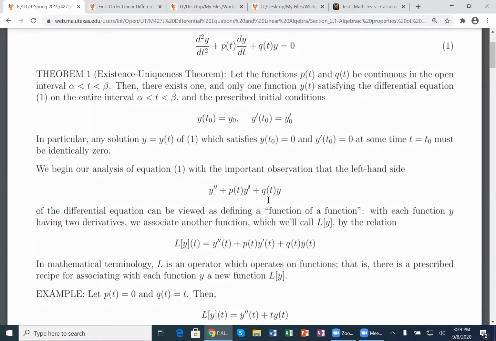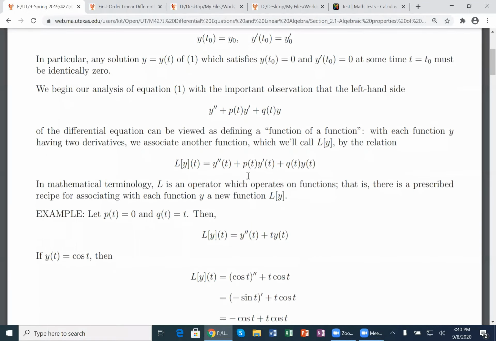We act on y by some operator. And please take a look at how we denote operators. L, and then in square brackets y, and then in parentheses t, which means we act on y by L, where y is a function of t.